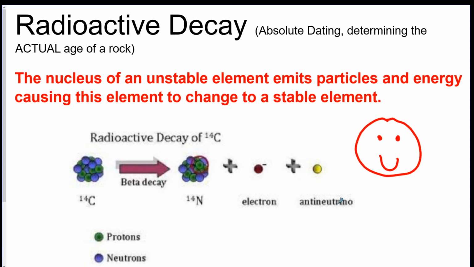Well, they can take an instrument and look inside of the fossil for a carbon atom. And they can see how much of the carbon atom is left. Based off that, they can figure out how many years old this is.